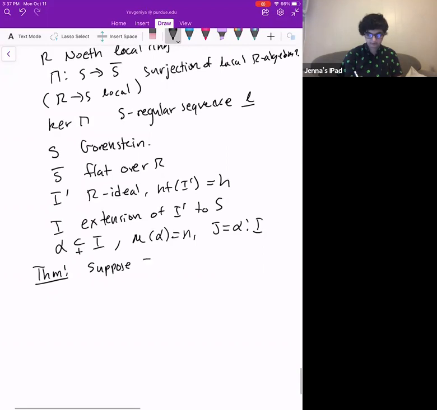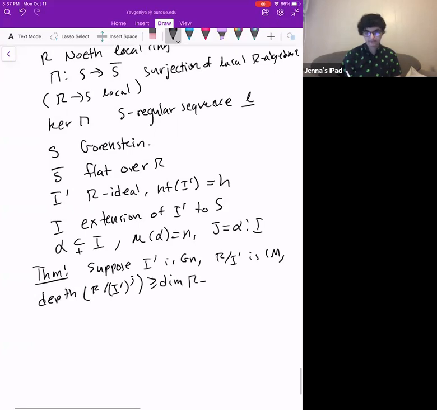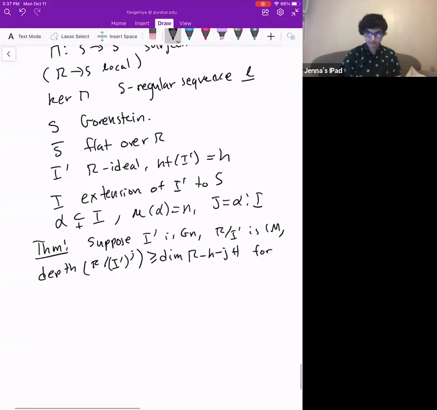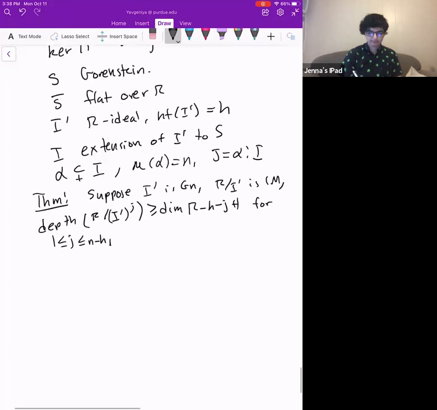Then we have our main theorem here. Suppose I prime is G_n, R mod I prime is Cohen-Macaulay. The depth of R mod I prime to the j is greater than or equal to the dim of R minus H minus j plus 1 for 1 less than or equal to j less than or equal to n minus H. And that Ext of R to the n plus 1, R mod I prime n minus H plus 1, R is 0.